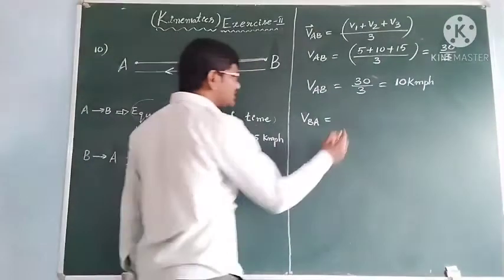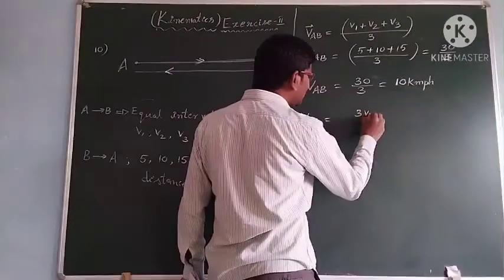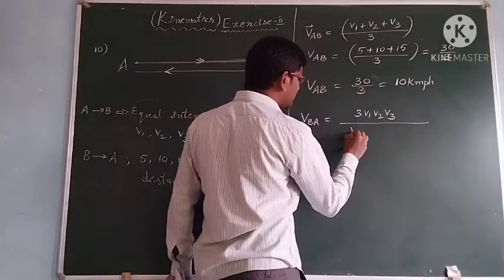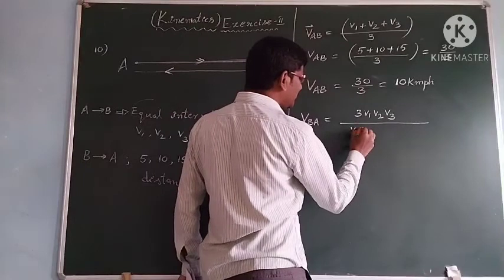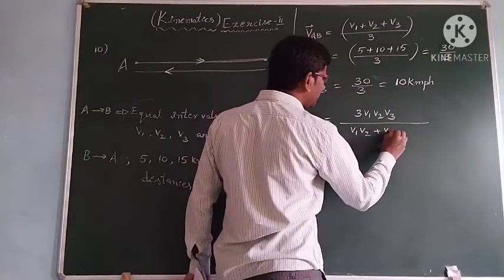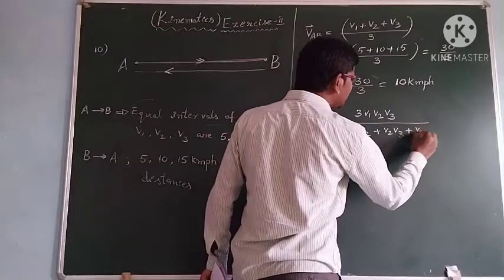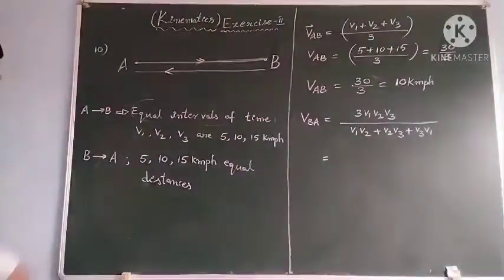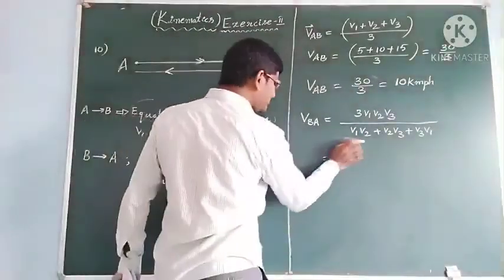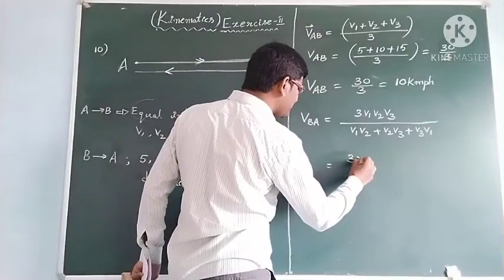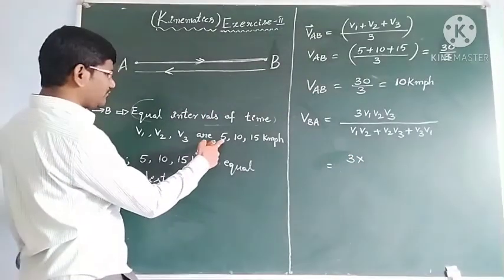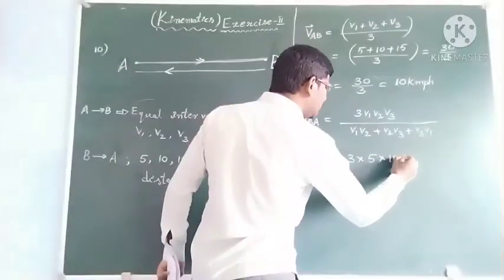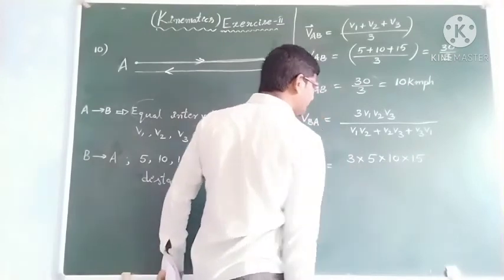With equal distances we use the formula 3 V1 V2 V3 by V1 V2 plus V2 V3 plus V3 V1. So 3 into V1 V2 V3, where the values of V1, V2, V3 are 5, 10, 15. So 5 into 10 into 15.